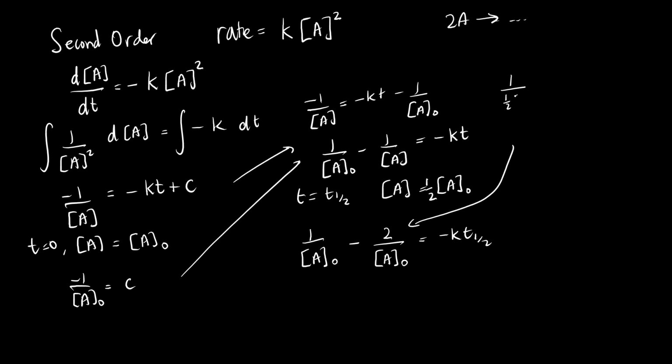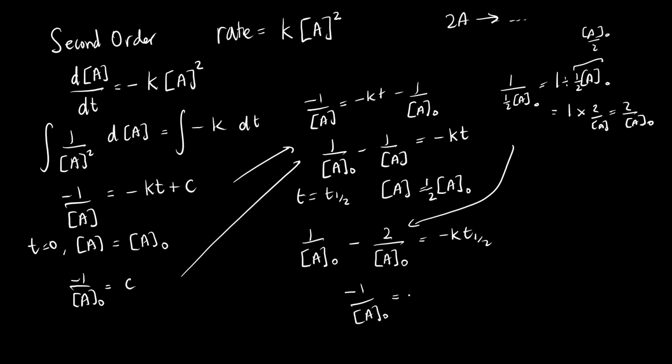So 1 over half A, that's 1 divided by half A. Now remember that we can flip it. This thing is A over 2. That becomes 2 over A. So 1 over A0 minus 2 over A0 is minus 1 over A0, and that's equal to minus k t a half.